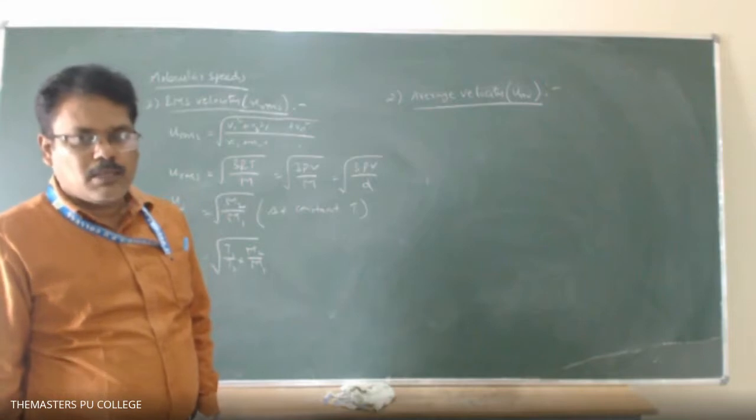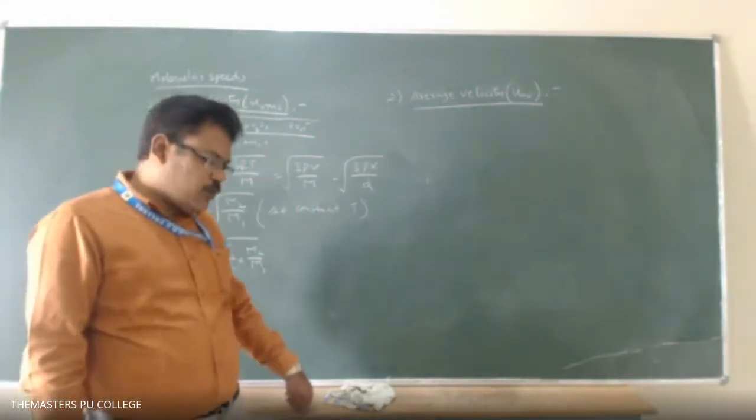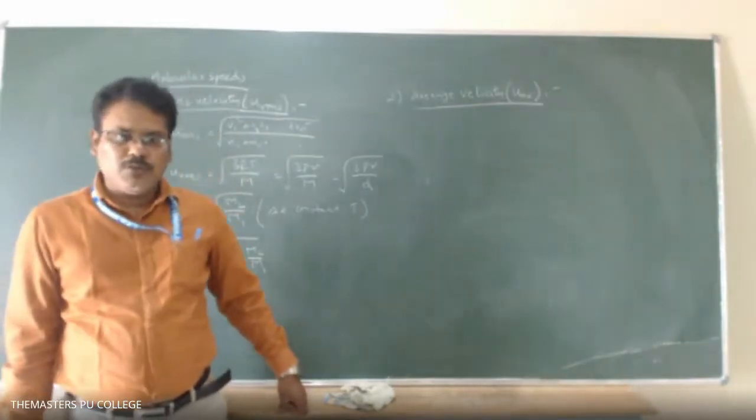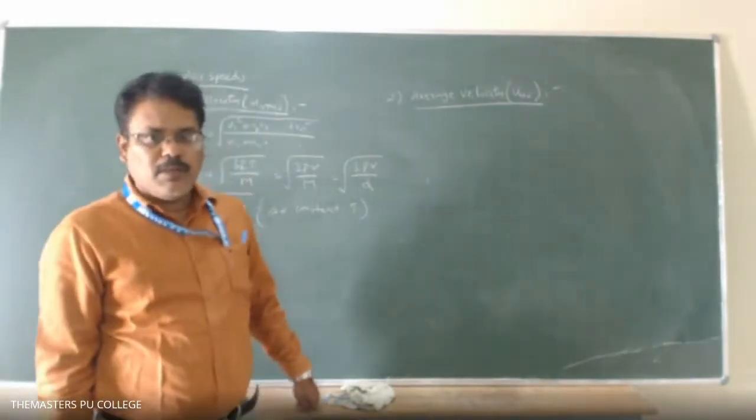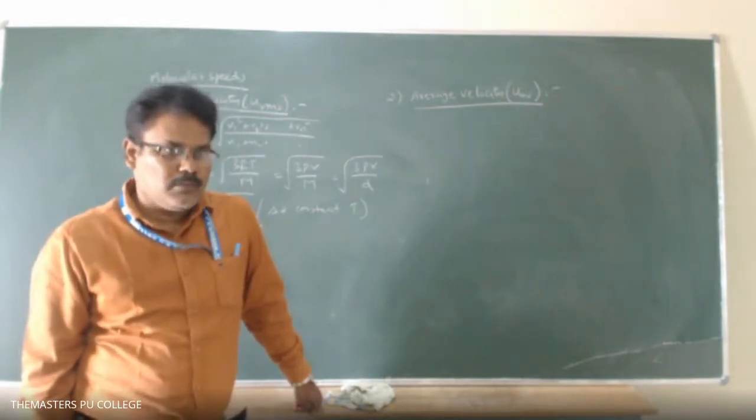Generally, if you have two velocities v1 and v2, then the average velocity of that object is v1 plus v2 by 2. Like that here also we take the average velocity of gas molecules. In physics you learned average velocity is v1 plus v2 by 2.